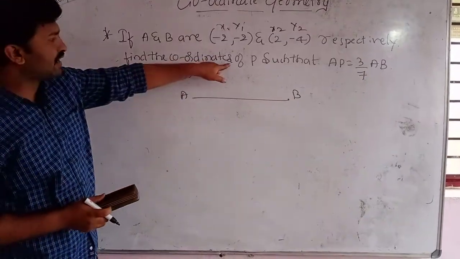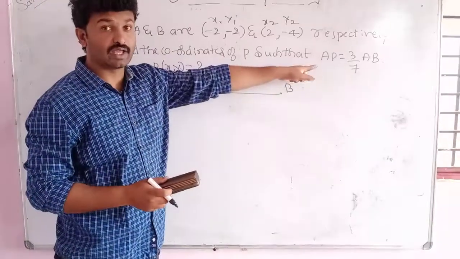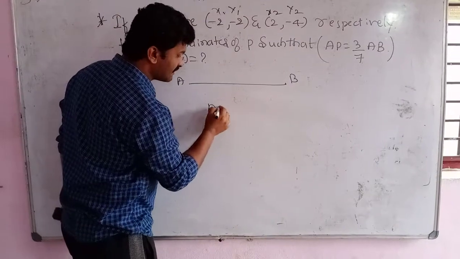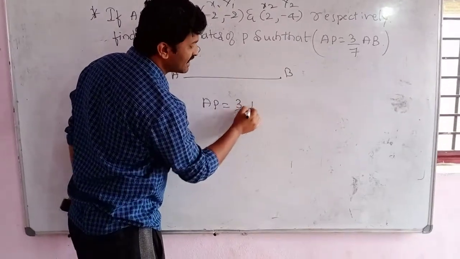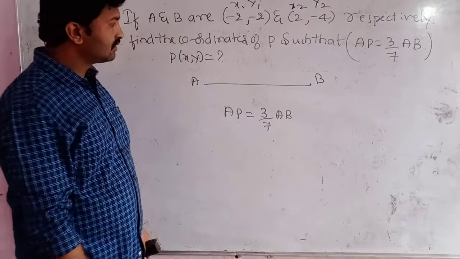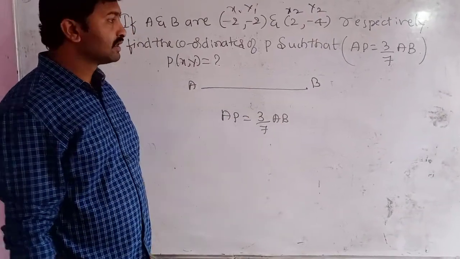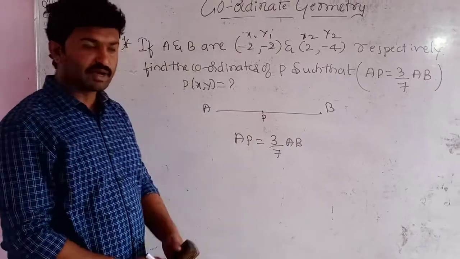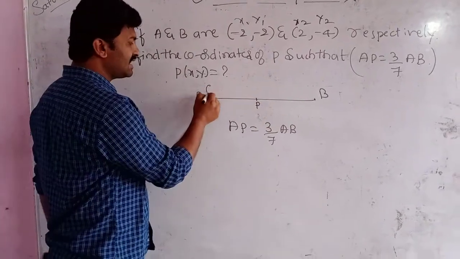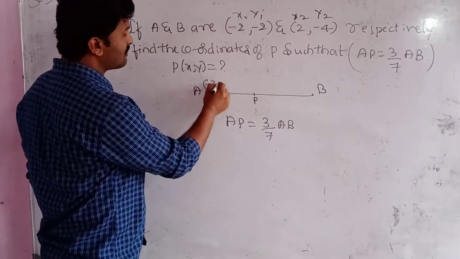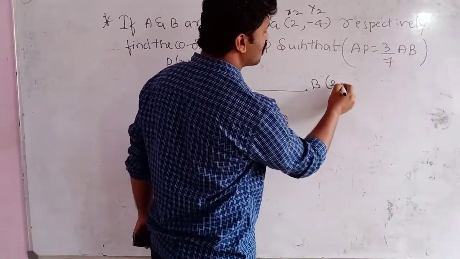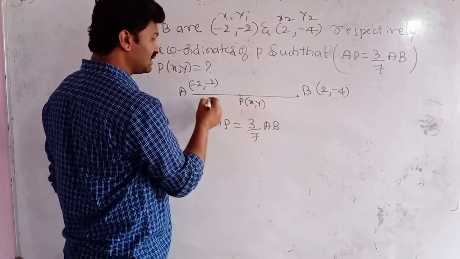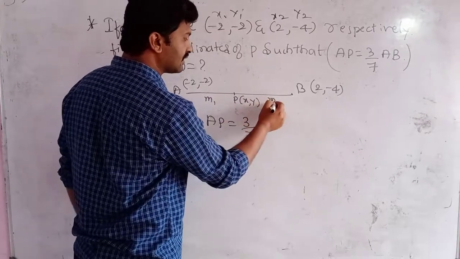Find the coordinate points of P such that, okay, the hint is there: AP equals 3 by 7 AB, and this point P lies in between, on AB. We have A of -2, -2 and B of 2, -4, and this point P of xy. m1 and m2 are not there.